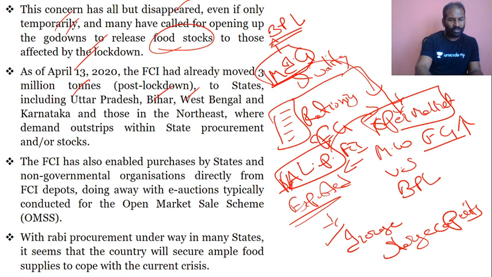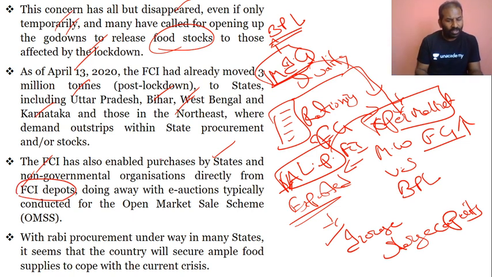Yes, the food grains were sent to different states, that is Uttar Pradesh, Bihar, West Bengal, Karnataka, and also the states in the northeast. So the FCI has definitely done its job during the lockdown and the post COVID-19 pandemic situation, and it has also enabled purchase by states and non-government organizations directly from the FCI depot. So what is important is not only sending it, but also enabling purchase.